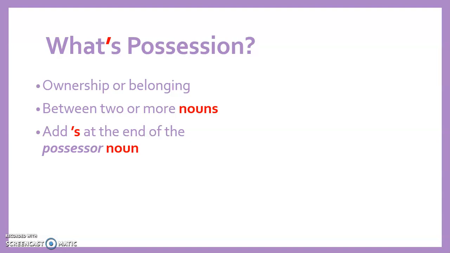So here's an example. Gretchen's bicycle. Gretchen's a person, and she has one of her pieces of property, right, a bicycle. So she owns this thing. In order to show that she owns it, we add the apostrophe S to the end of her name. So Gretchen's bicycle.